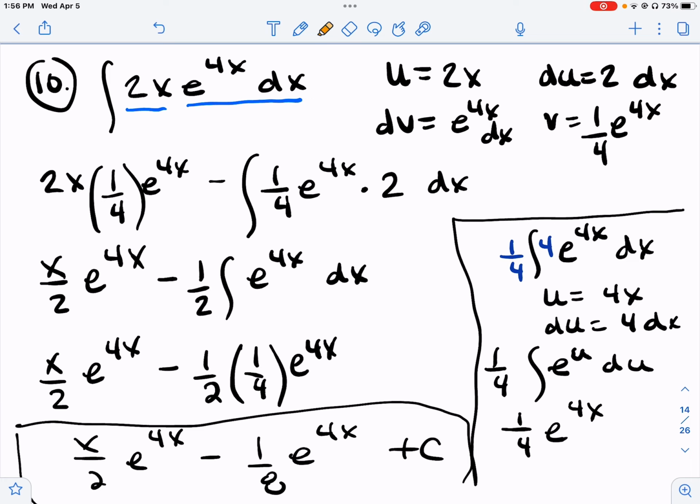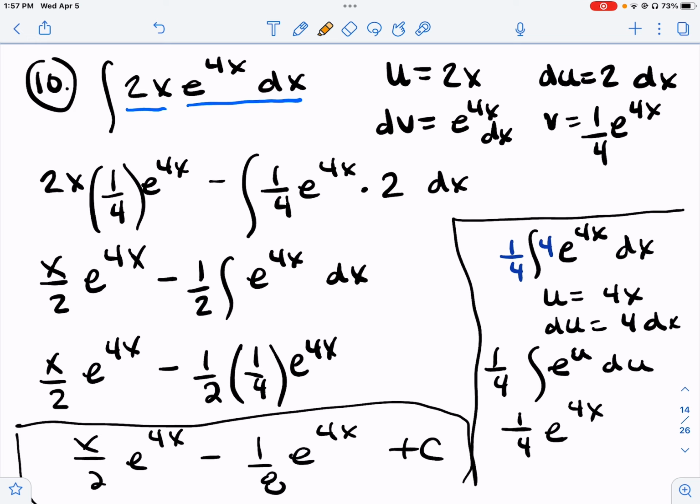Then we have u times v, 2x times 1/4 e to the 4x, minus the integral of 1/4 e to the 4x, which is our v, times du, which is 2 dx. That first part, 2x over 4 is x over 2.